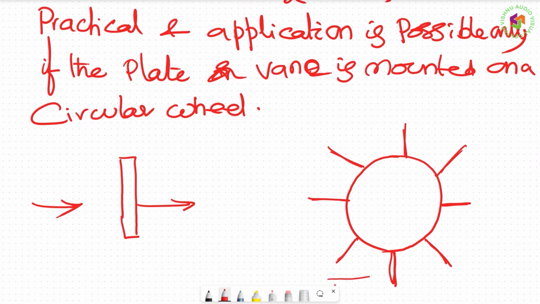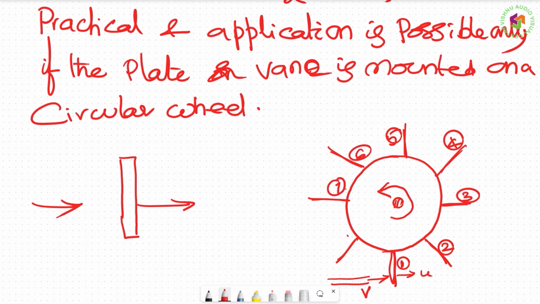Now you strike the jet with a velocity v here. Now this wheel is rotating, because it starts moving with a velocity u. This is number one, two, three, four, five, six, seven, 8.